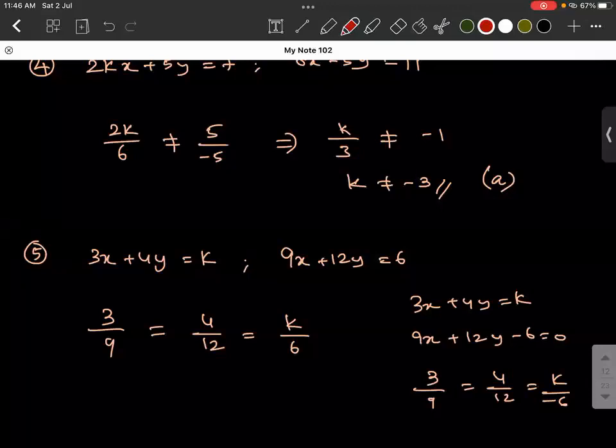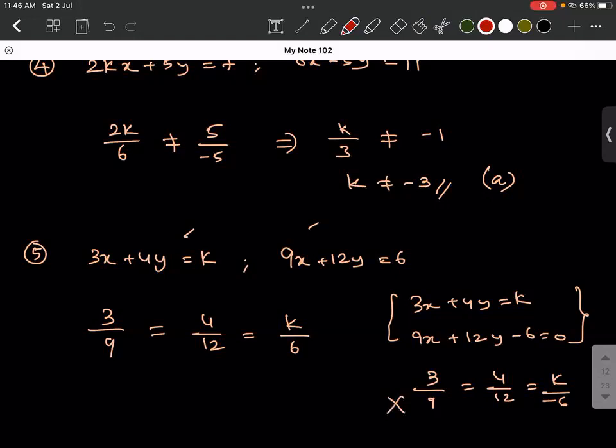C1 by C2, no? See, for example, I'm talking something else. Listen to this. Instead of giving the question in the way you told me, had they given it in this format, okay, can I say 3 by 9 is equal to 4 by 12 is equal to k by minus 6?